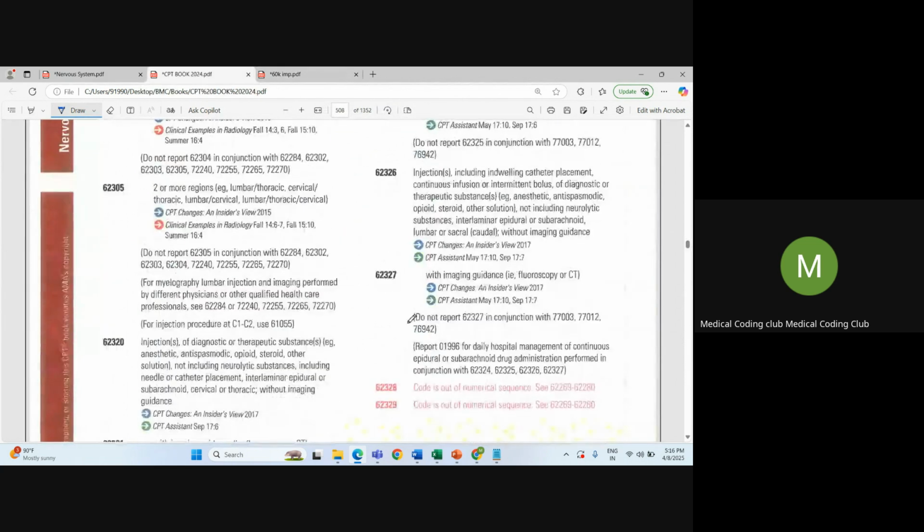So check this: 62326 injection including indwelling catheter placement, continuous infusion. 62326 says without image guidance, and 62327 says with image guidance that includes fluoroscopy and CT. So in our question they have utilized fluoroscopy guidance. So you can go ahead and select your answer as 62327.